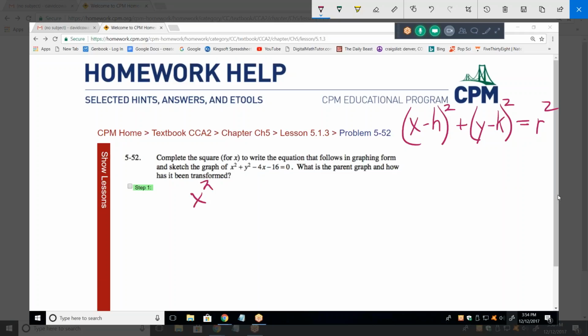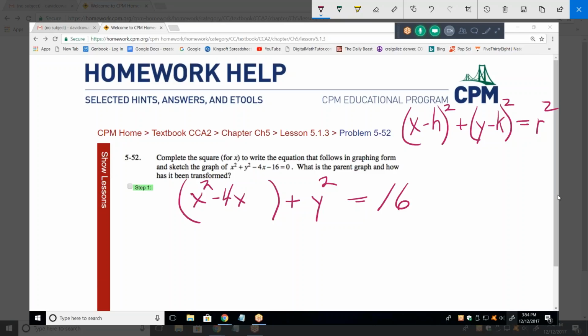I got x squared minus 4x. I'm going to leave some room so that I can complete the square. And then I got plus y squared alone. And I'm going to put the number on the other side, because that's the format that I'm looking at. Notice that I'm getting close to my standard format.